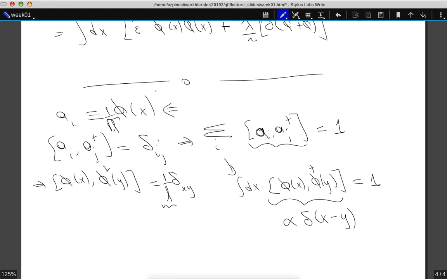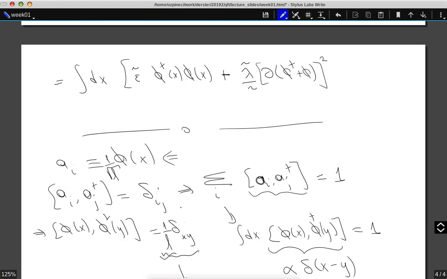Let's keep it there for the time being. Because I suspect that a_i should be just 1 over L. So this should be 1 over L squared. Or let's just look at the dimensions. Here I want something that will go to Kronecker delta x minus y in the continuum limit. This has dimensions of 1 over length. So yes, that should be 1 over L, not L squared. Otherwise, dimensionally, it will be wrong.